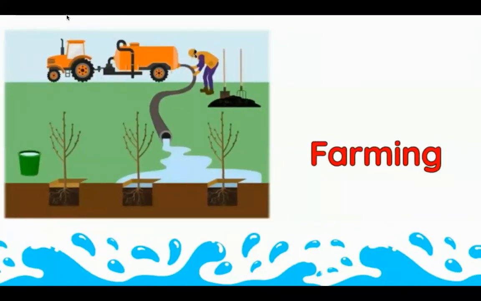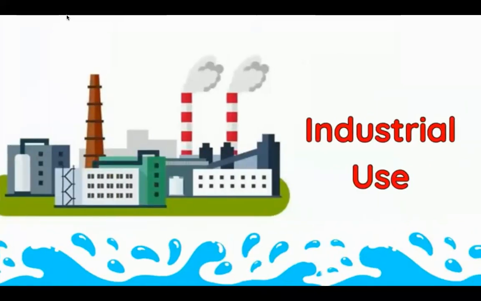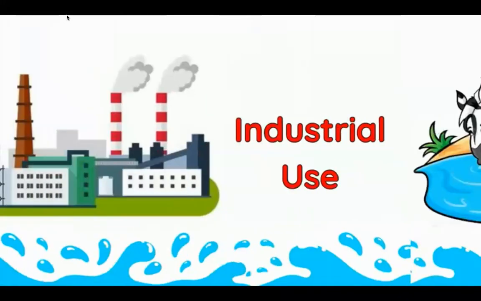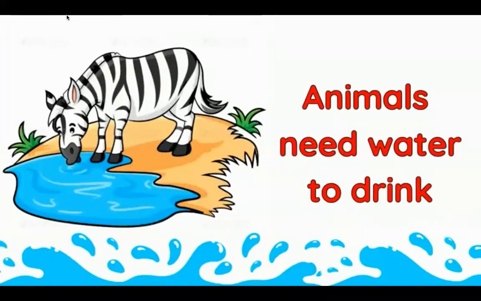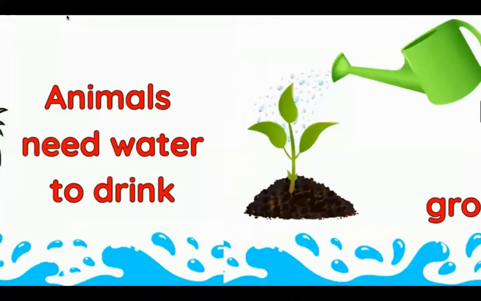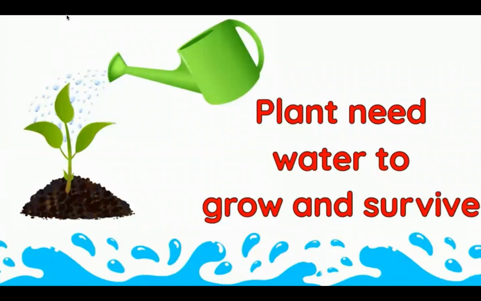Apart from domestic purposes, water is used for farming and industrial purposes as well. Animals also need water to live. Plants need water to grow and survive.